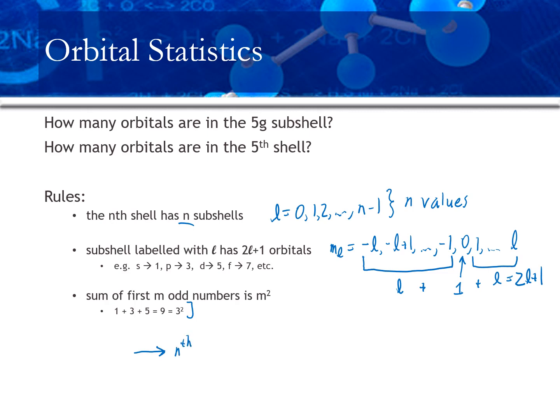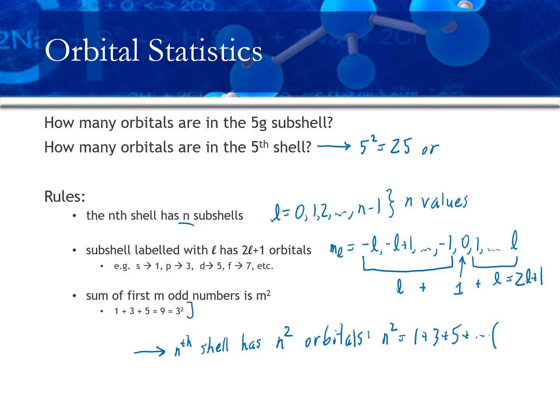The nth shell has n squared orbitals, namely n squared equals 1 plus 3 plus 5 plus ... up to whatever the maximum number is. Let's see, so let's answer our questions up here. The 5th shell then has 5 squared equals 25 orbitals.